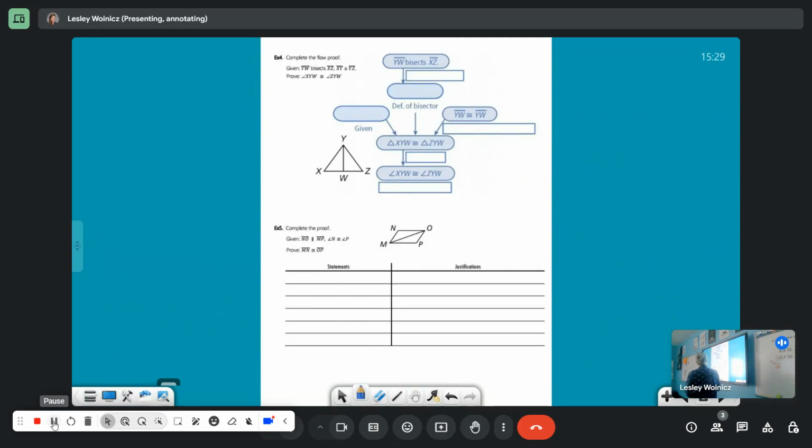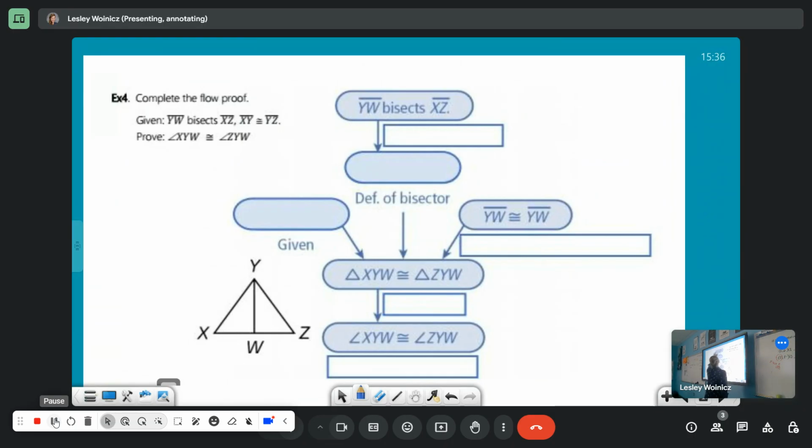Which one looks the worst? Do you want to do the flow proof? Go ahead and try the flow proof. It's got some of the stuff in there for you already. So what can we glean from that? What do we know?